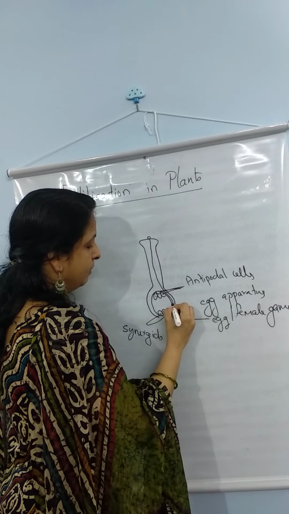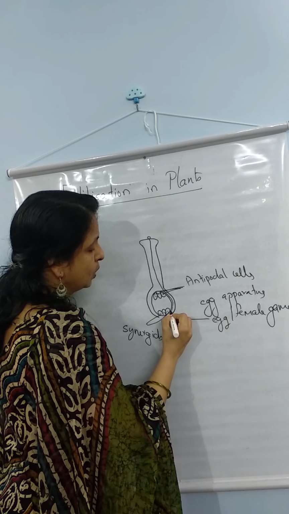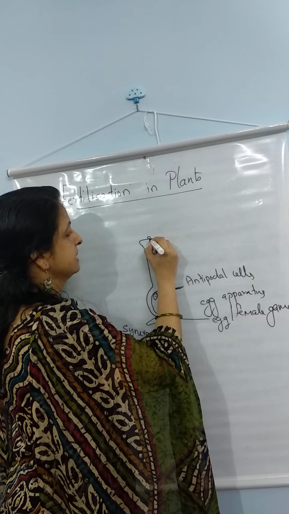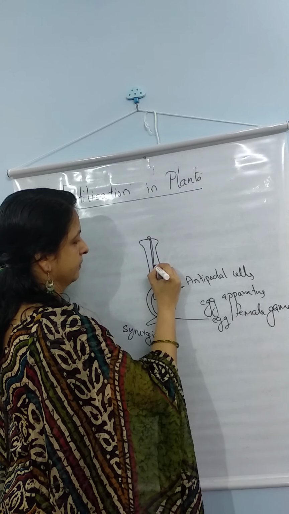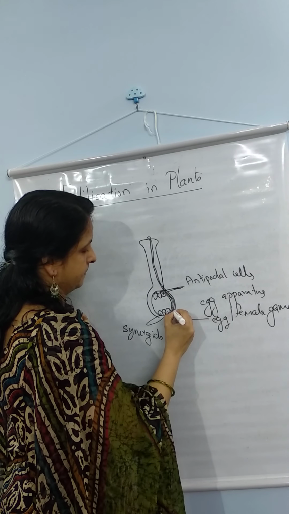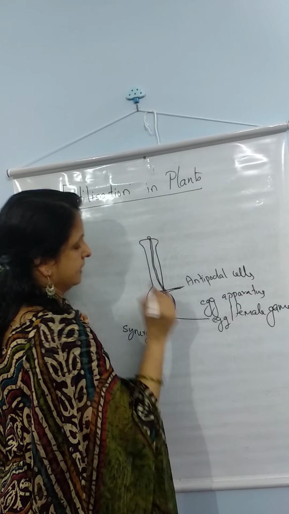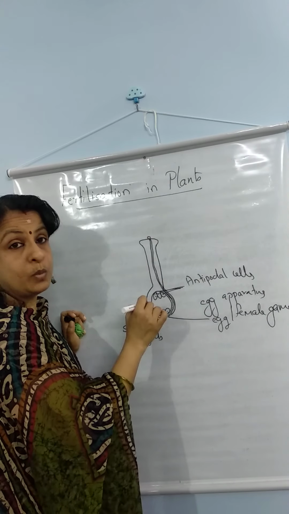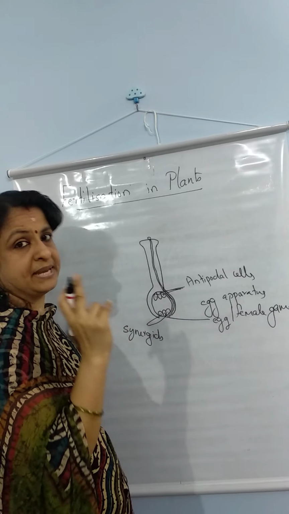I am drawing the pollen tube. The pollen tube grows towards the ovary like this, towards the female gamete. Now the pollen tube has 2 male gametes inside.